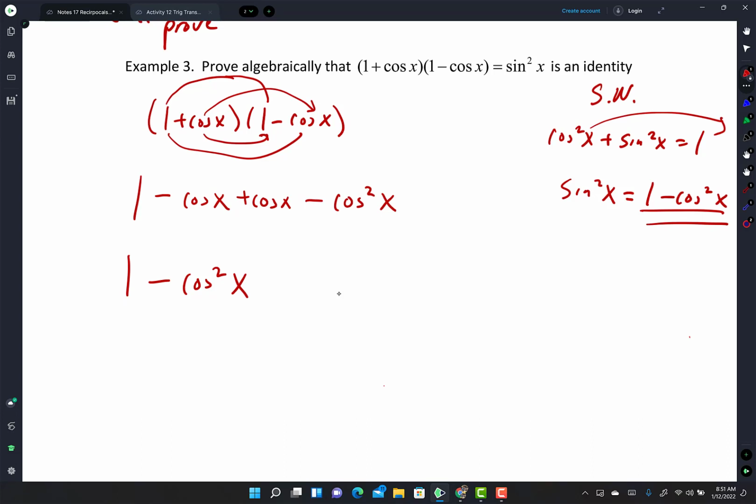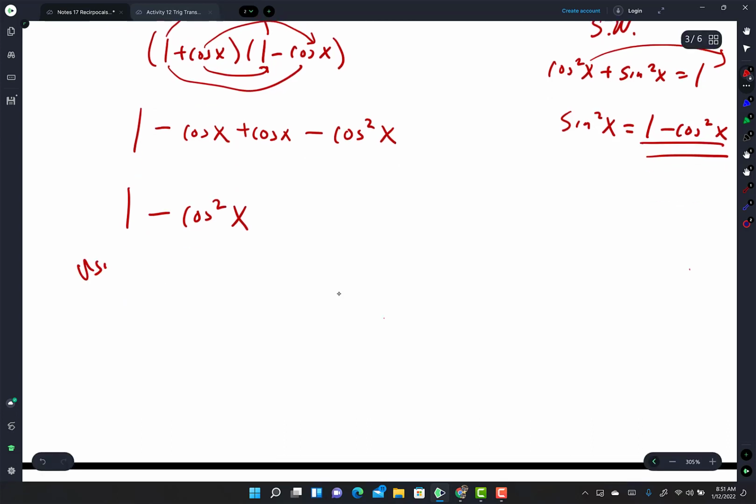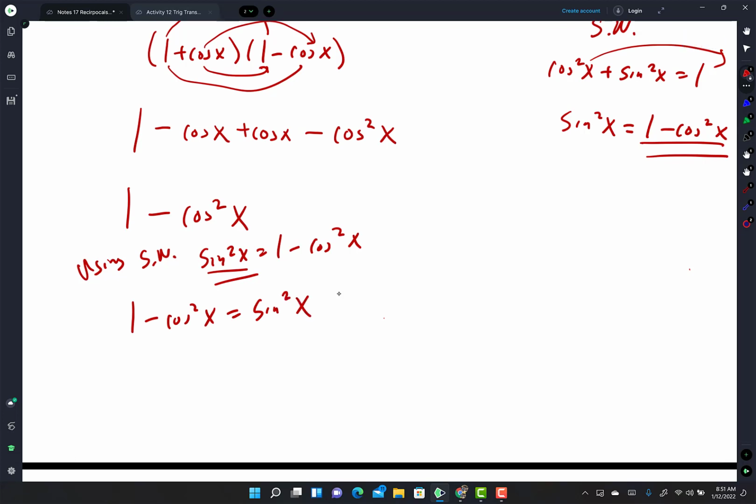So then I'm going to make a side note, that sine squared x equals 1 minus cosine squared x. I know that 1 minus cosine squared x must equal sine squared x. Does that make sense? And there it is. You gave your professor or your teacher all the work.